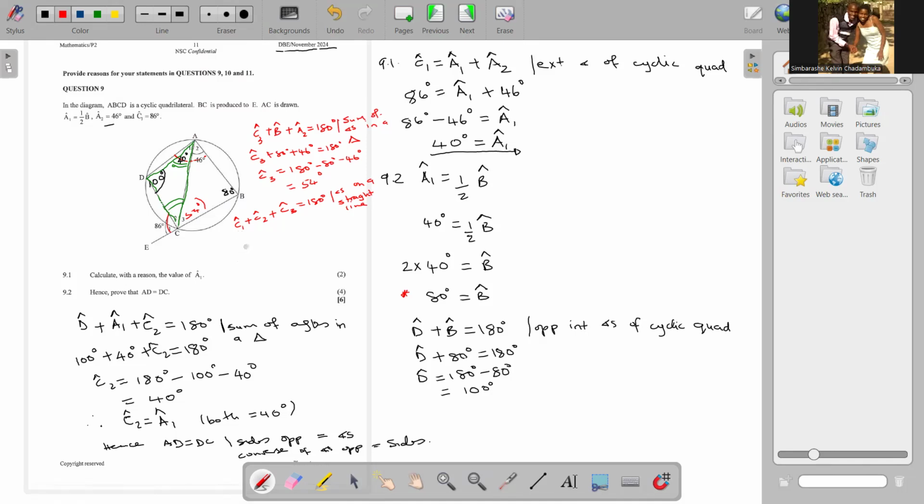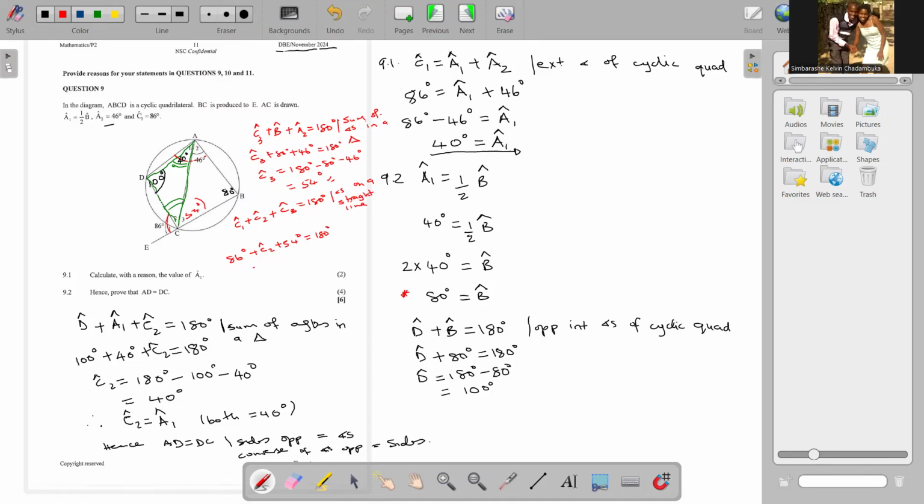Therefore, our C1, we know it's 86 degrees, it's given, plus our C2, which we do not know, plus our C3, which we calculated to be 54 degrees, is equal to 180 degrees.